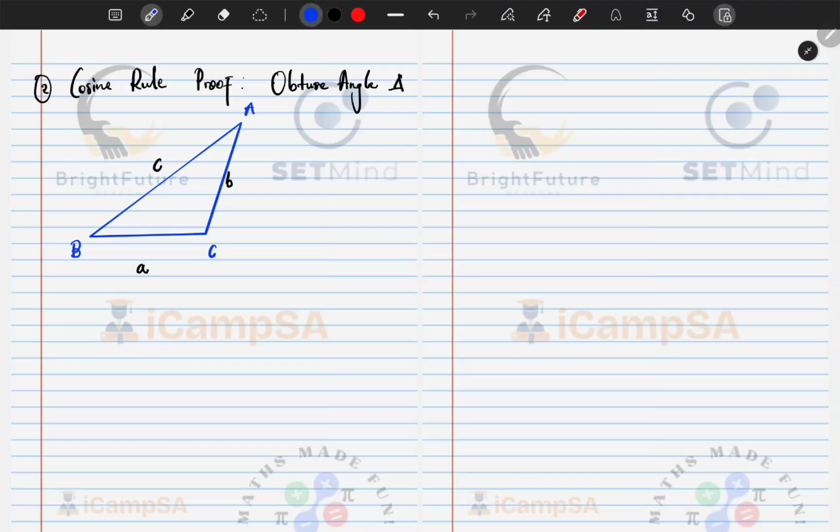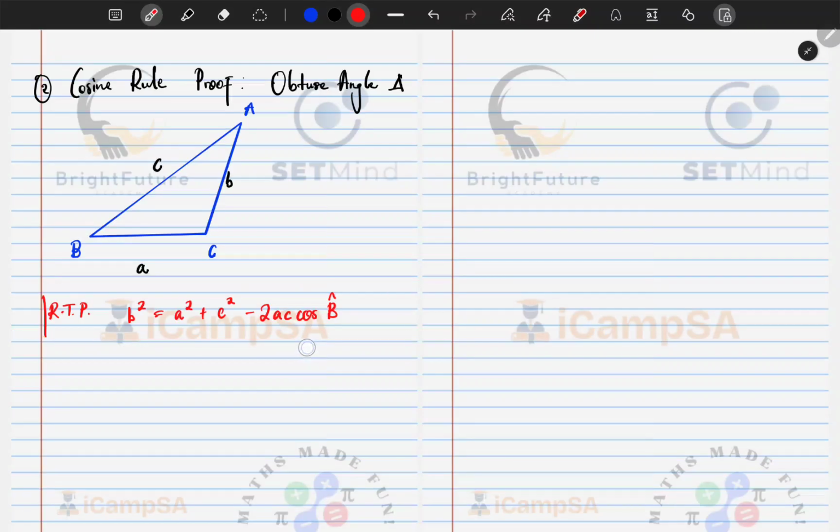So I'm still required to prove the same thing, but in a different triangle. I'm still required to prove that b squared is equal to a squared plus c squared minus 2ac cos of angle B.